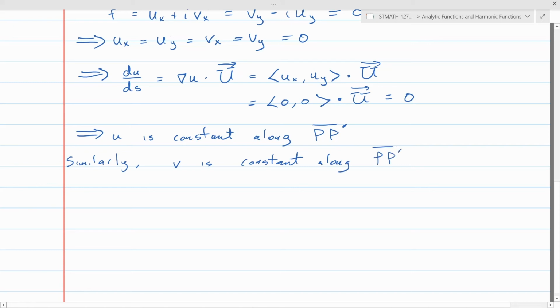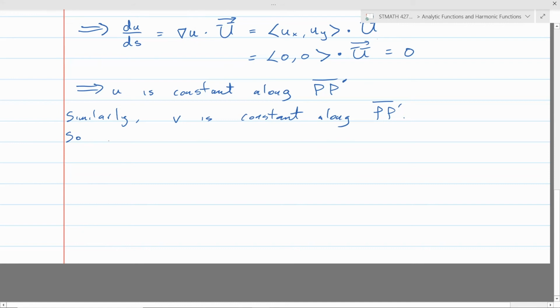So we've just taken the problem about trying to understand the function f and converted it to a multivariate calculus problem involving directional derivatives. We got the directional derivative was steady 0 for both of the component functions along that line segment P to P prime. So that tells us that both of the component functions are constant, just from appealing to what we know from multivariate calculus. And so then that tells us that f, because f is equal to u plus i times v, is constant along P P prime.